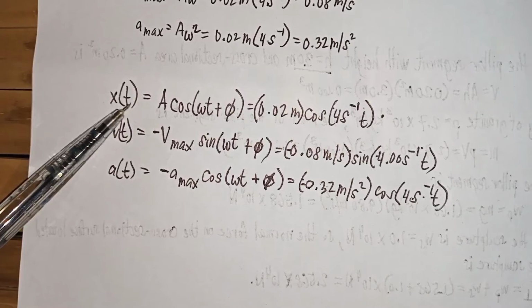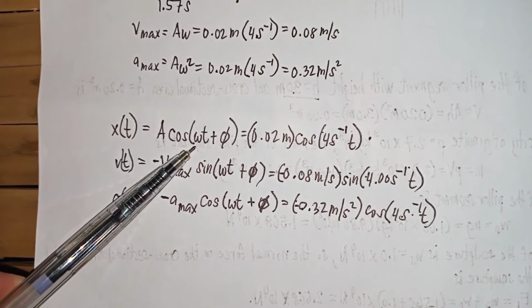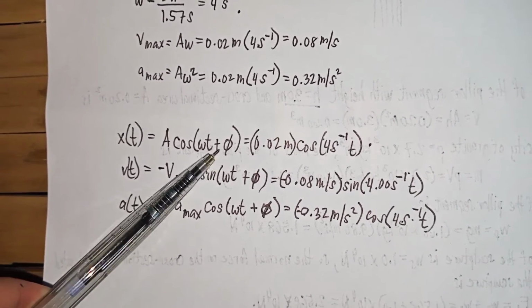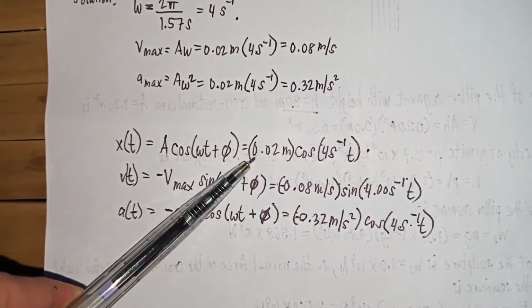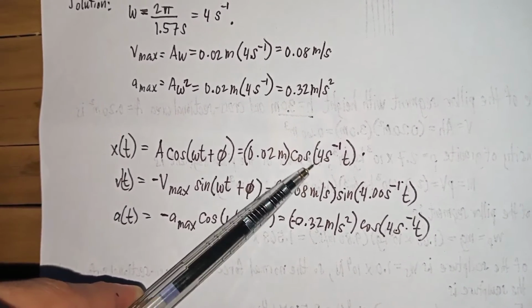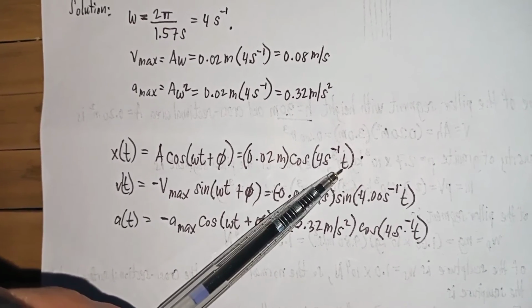And then x of t equals A times cosine of angular frequency times time plus phase shift equals 0.02 meters times cosine of 4 s to the power of negative 1 times t.